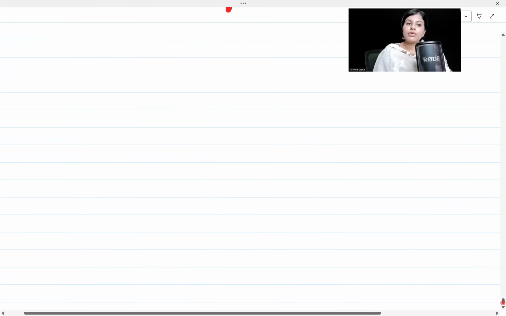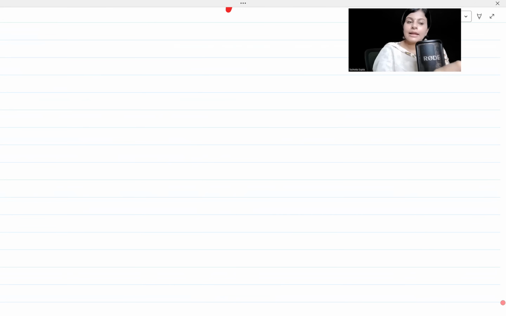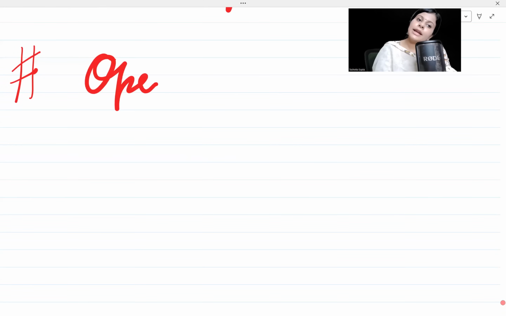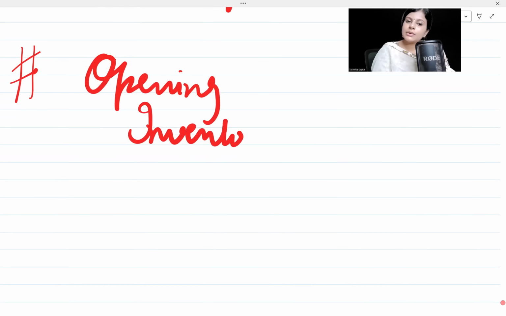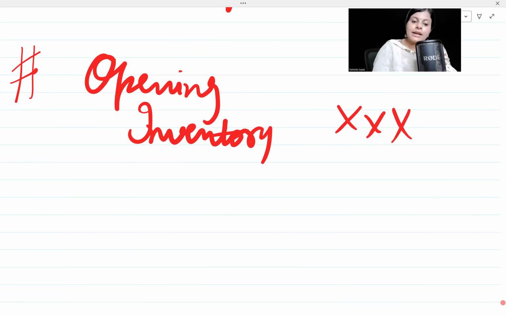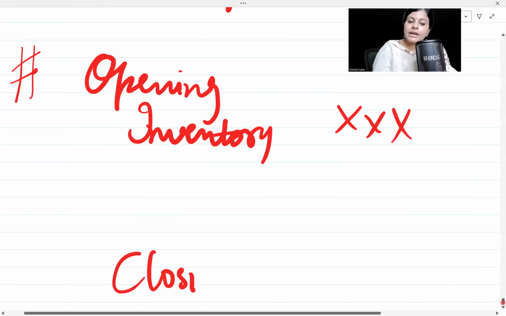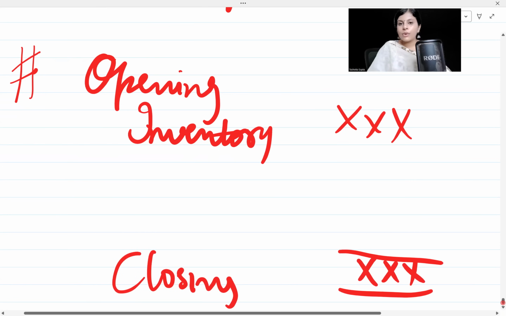In that working capital movement, let's take an example of inventory. In the opening inventory, I have some balance, whatever it is, XXX. And I will say there is closing inventory. Now, closing minus opening is the movement, and that movement goes to cash flow.